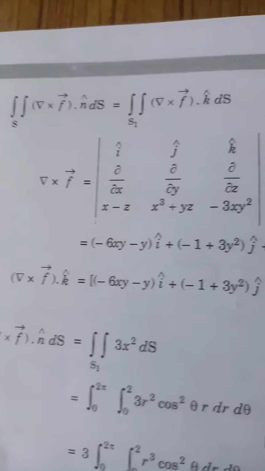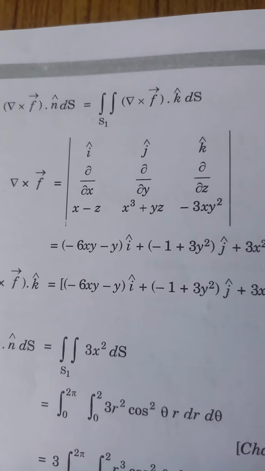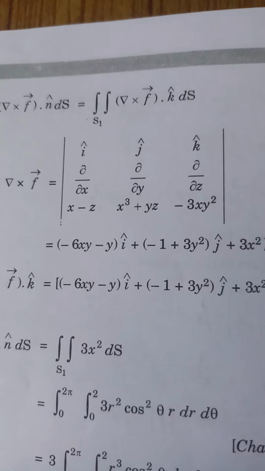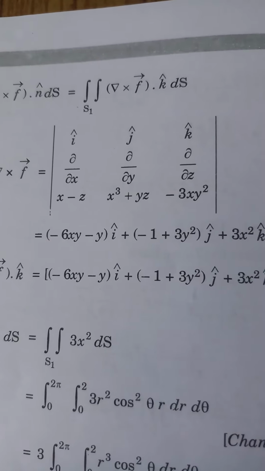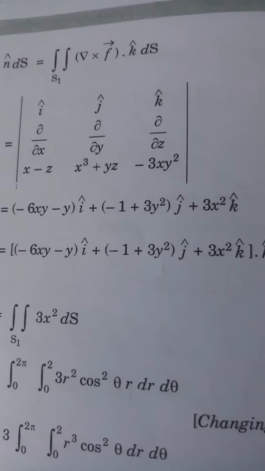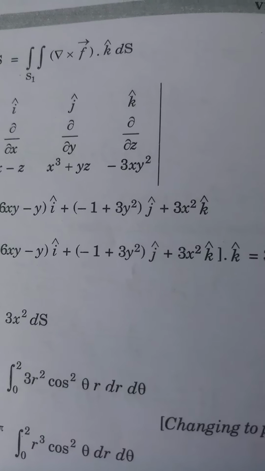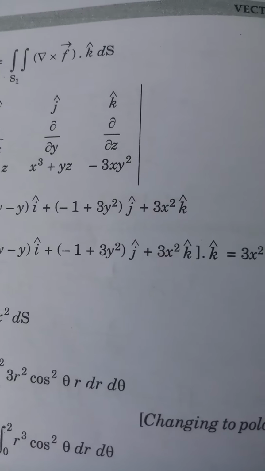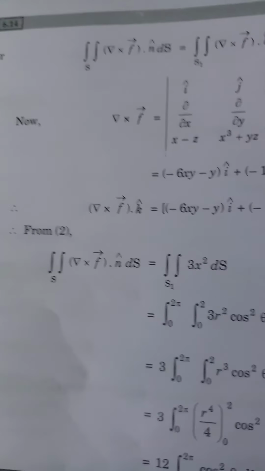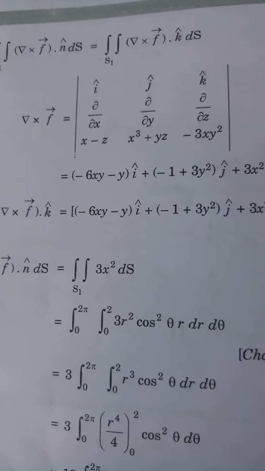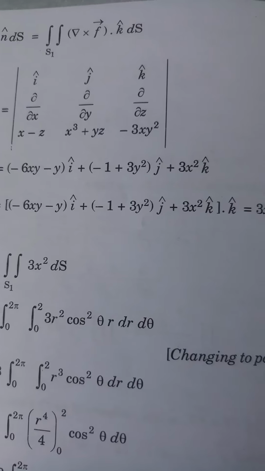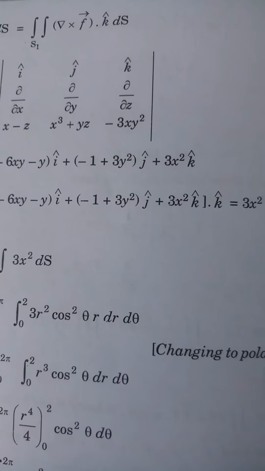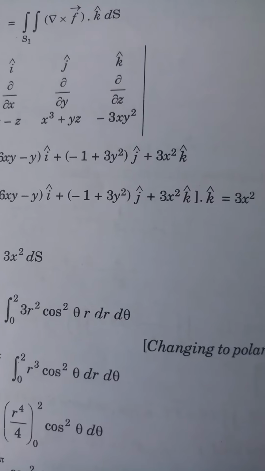Now curl f equals the determinant with i, j, k; del by del x, del by del y, del by del z; x minus z, x cube plus yz, minus 3xy square, which is equal to (minus 6xy minus y) i plus (minus 1 plus 3y square) j plus 3x square k. Therefore curl f dot k is equal to 3x square.